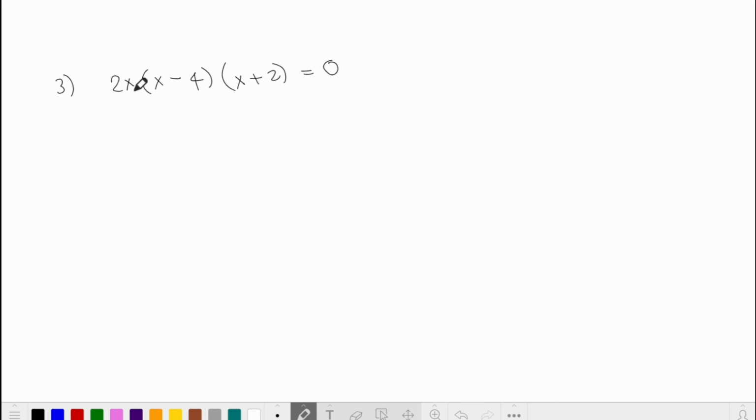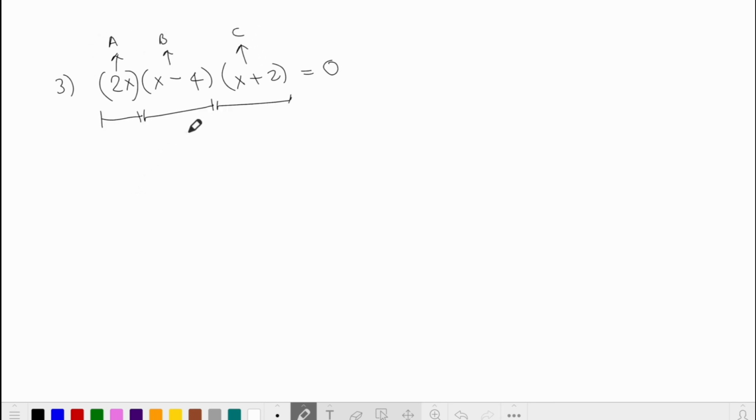So you should see 2x as another variable. You can see it this way: 2x is one variable, x minus 4 is another variable, and x plus 2 is another variable. So here we have 3 variables, right? Variable A, variable B, and variable C.